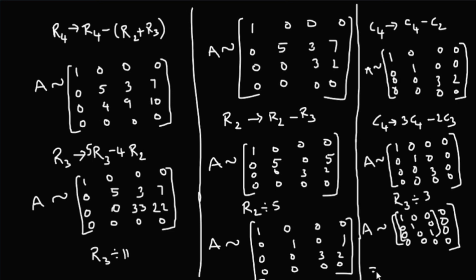Okay. So which is equal to I3 and a 0 matrix here, a 0 matrix of order 3 rows, 1 column. You have a 0 matrix here, 0 matrix of order 1 row, 3 columns. And another one here, 0 of order 1 by 1.